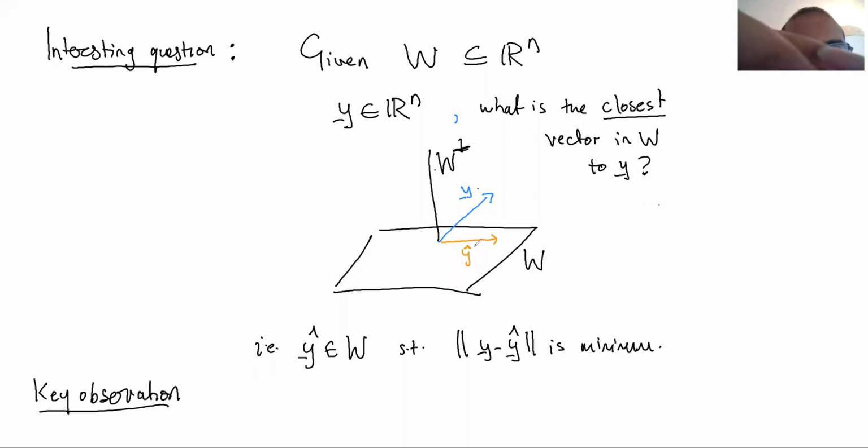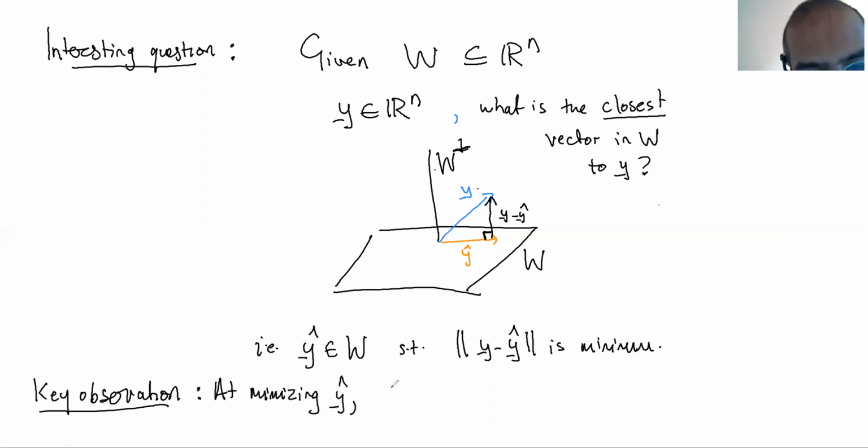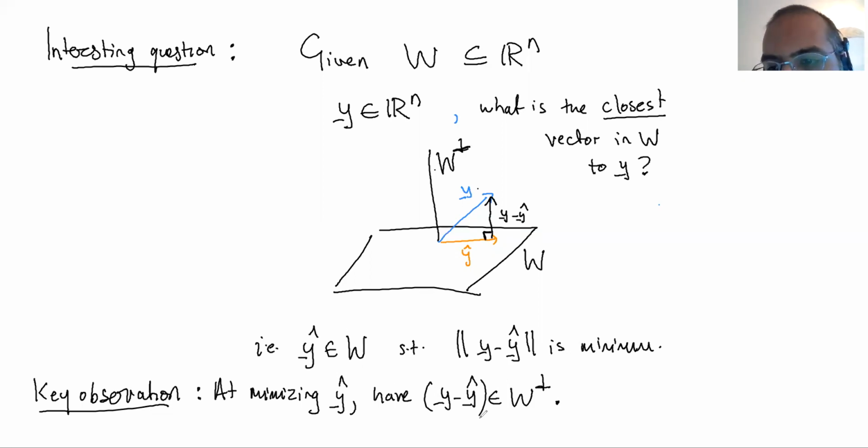At that point, if I look at the error vector, the difference between y and y hat, so this is y minus y hat, then this is definitely going to be perpendicular to everything in W. The key observation is that at the minimizing y hat, y minus y hat, this error vector, is actually orthogonal to everything in W. Now, why is that?